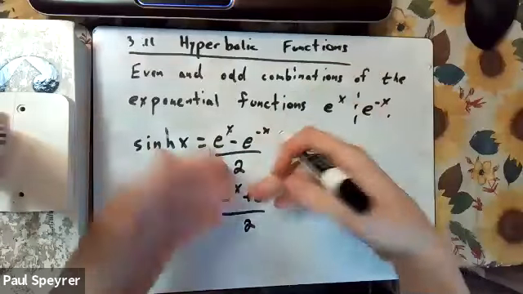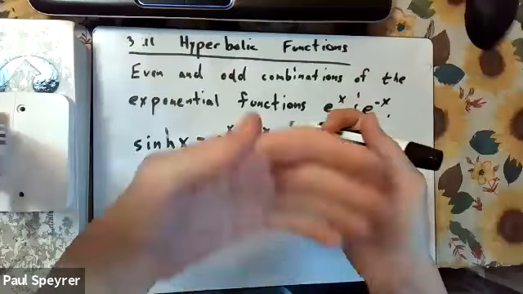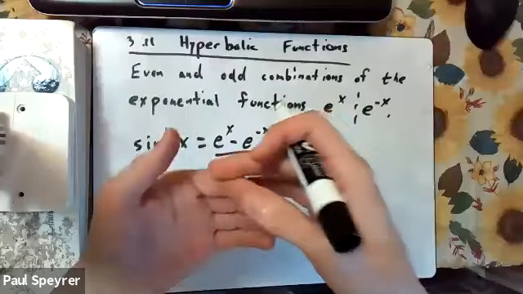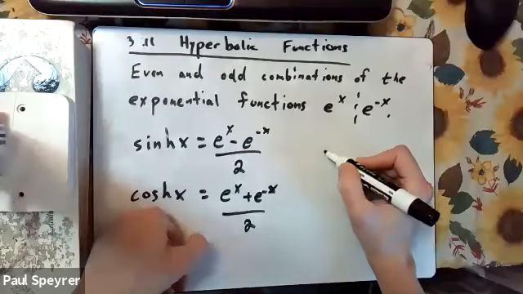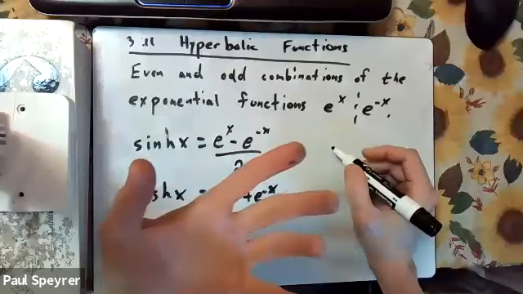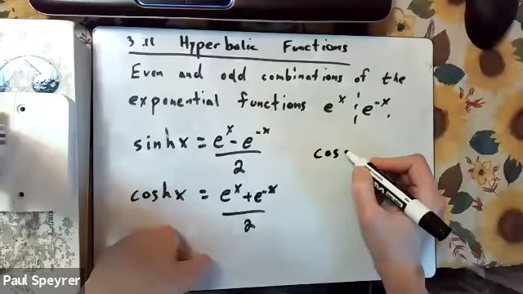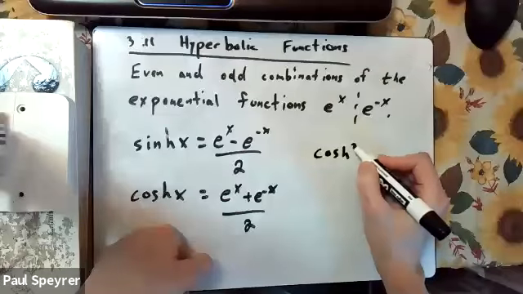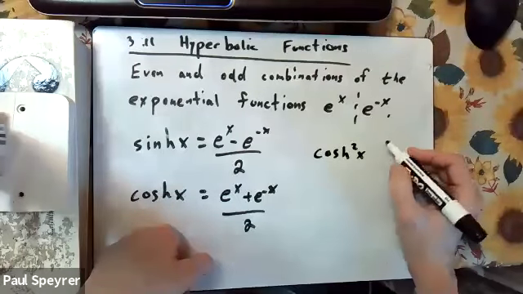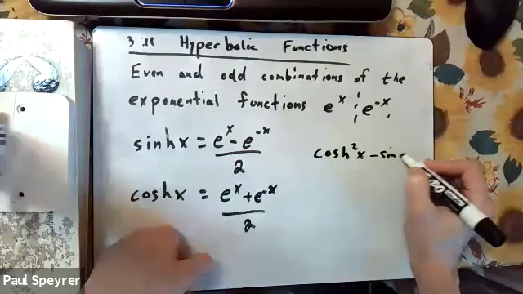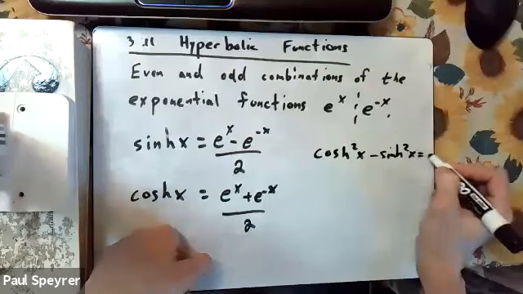All right. And these have some identities, like how you had sine squared plus cosine squared equals 1, for example. You also have similar identities for hyperbolics. Like we have cosh squared of x, or hyperbolic cosine of x squared, minus hyperbolic sine squared of x, and that's equal to 1.